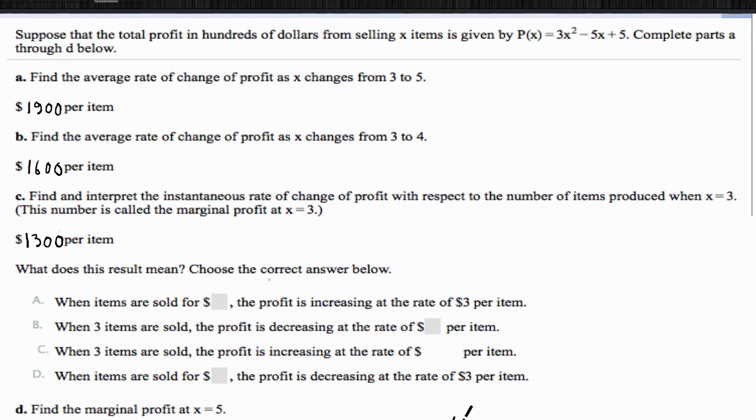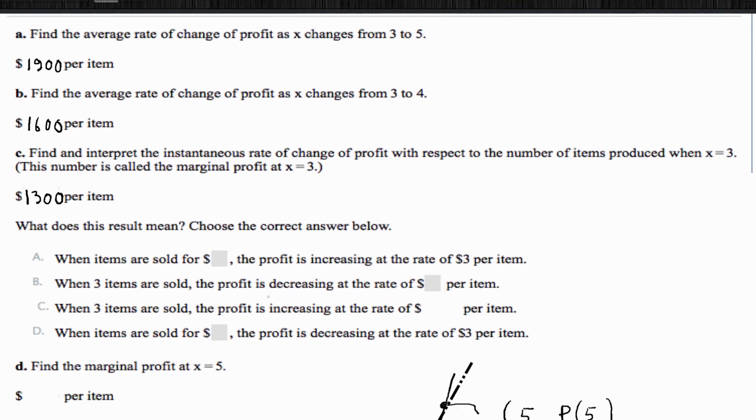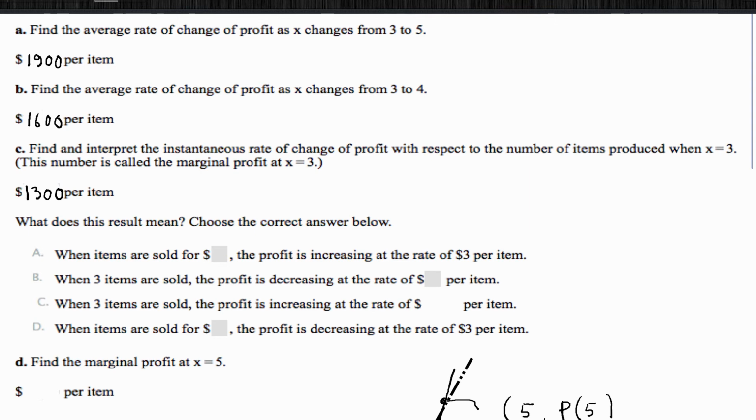Okay. What does this result mean? Choose the correct answer below. All right, let's see. A is when items are sold for blank dollars, the profit increases at a rate of $3 per item. No, that's crazy. When 3 items are sold, the profit decreases at a rate of, I could say something there, but I'm not going to. Let's say that's not correct.